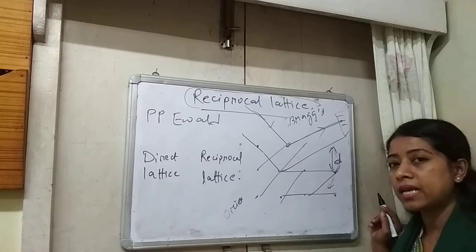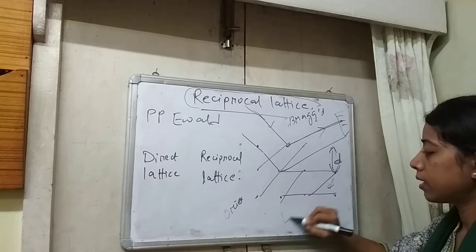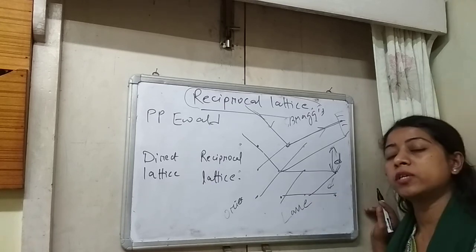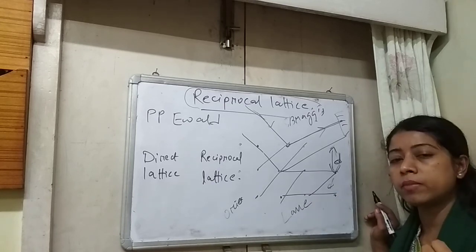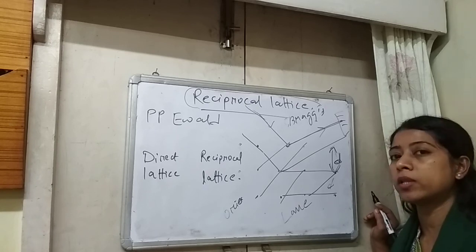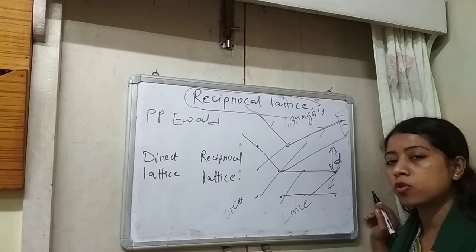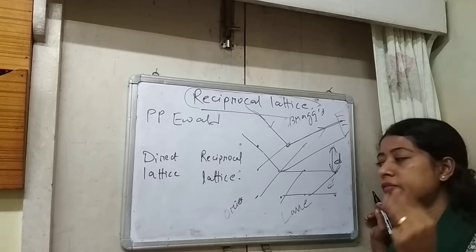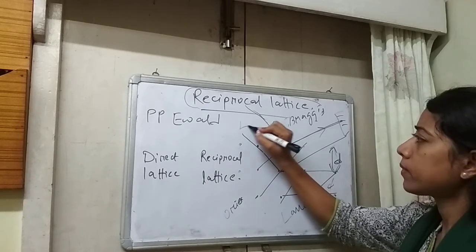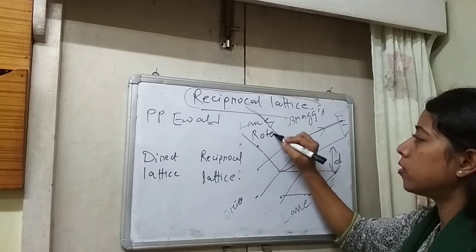Whatever methods we have learned so far, that is the Laue method in our previous unit, the powder crystal method, and the rotating crystal method. We have only studied the Laue method; we did not study the rotating crystal and powder methods. So altogether we have three methods: Laue, rotating crystal, and powder crystal.